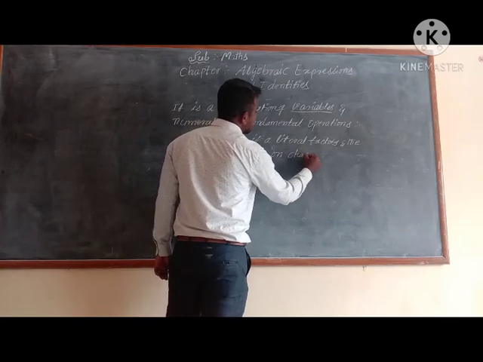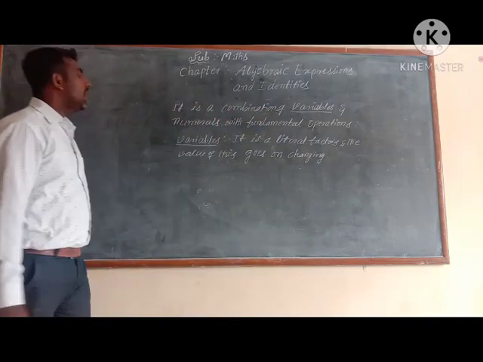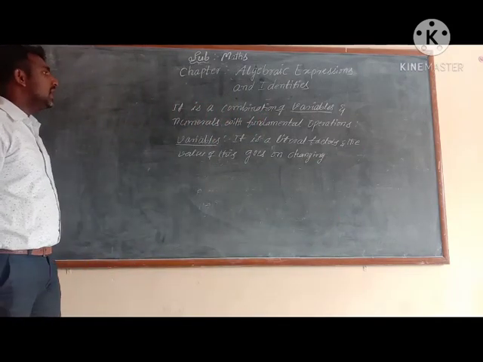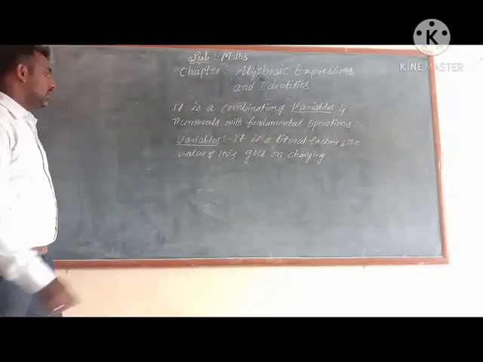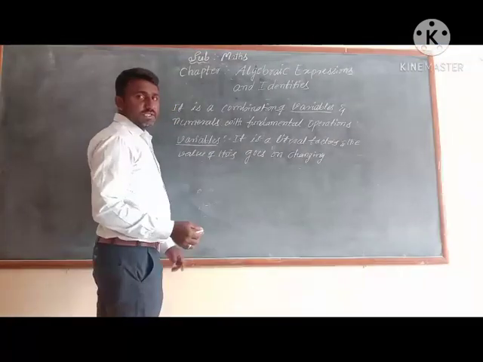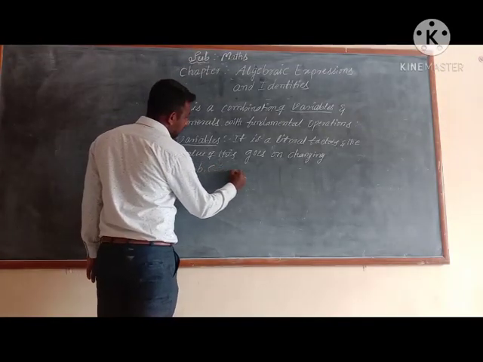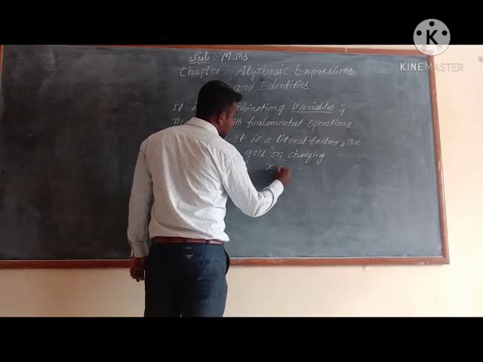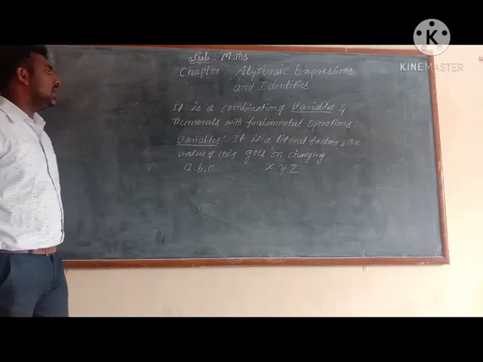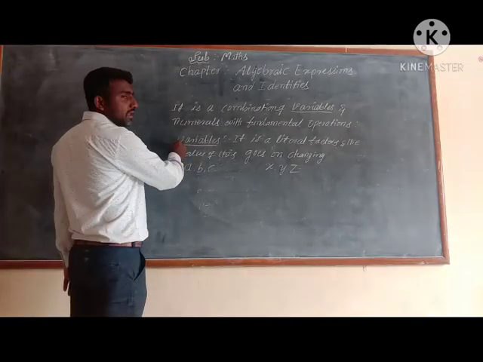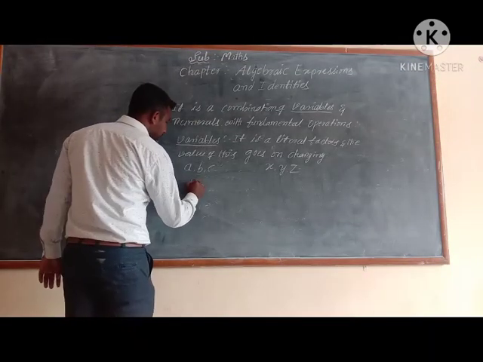It is called the variable. The English alphabets A, B, C and so on, X, Y, Z are generally used for variables.